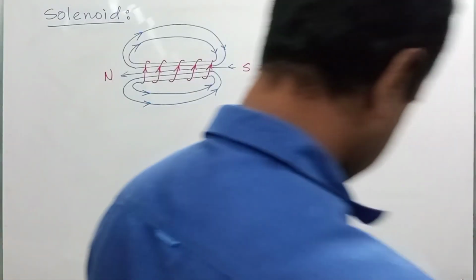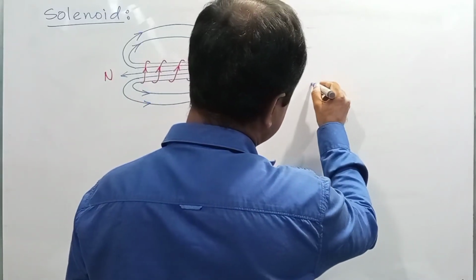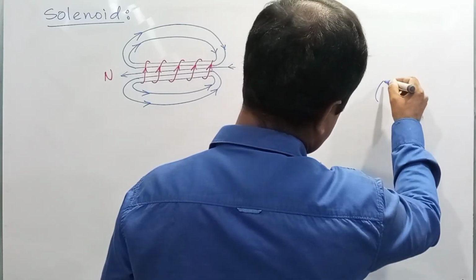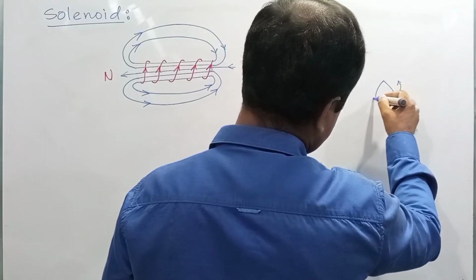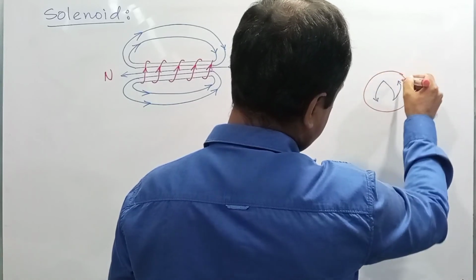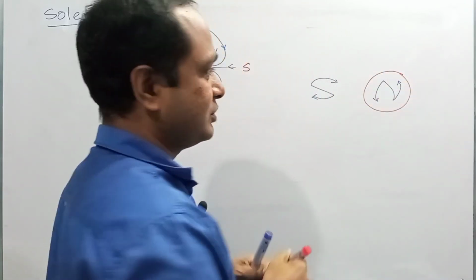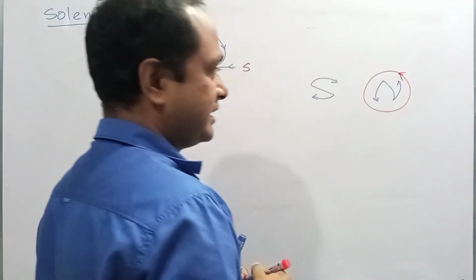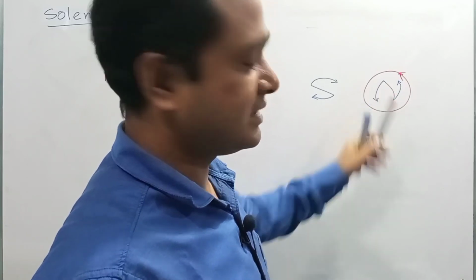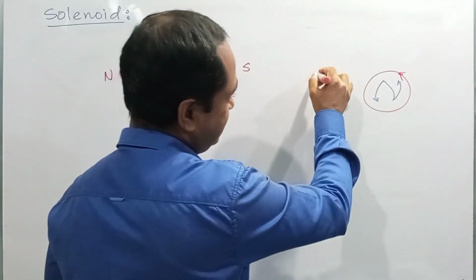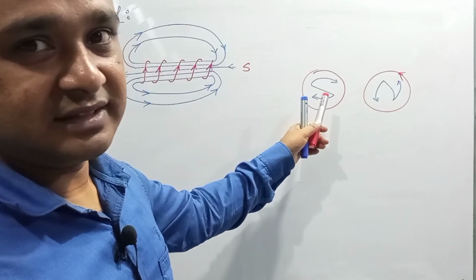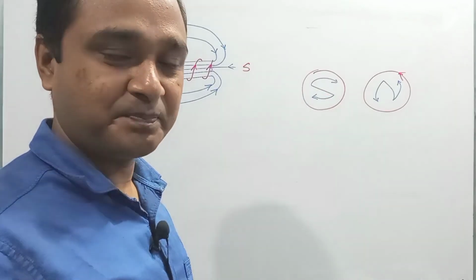If the direction of current is like this, here the arrow sign indicates the direction of the current, then it indicates N, that is, the north pole will be created at this end. But if the direction of current is like this, here the arrow sign indicates the direction of the current, it acts like S, that is, it will create the south pole at that point, right?